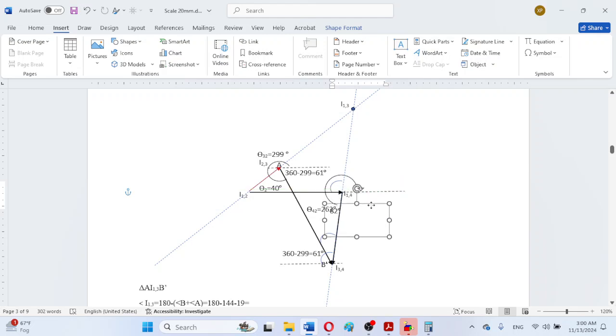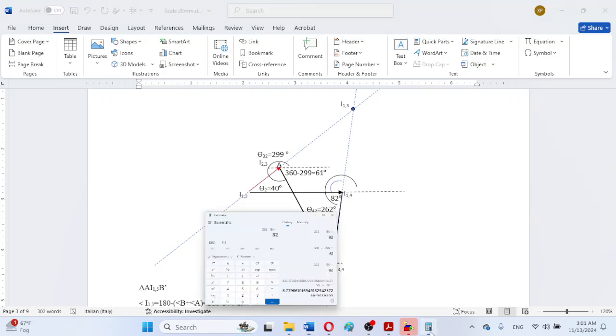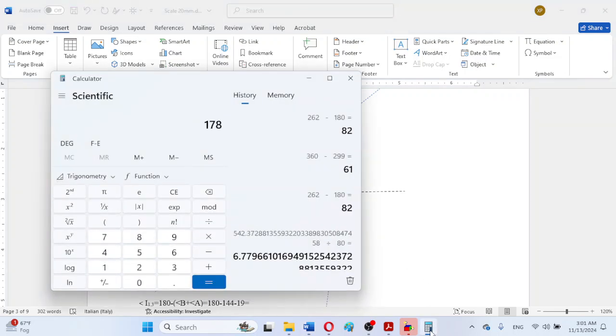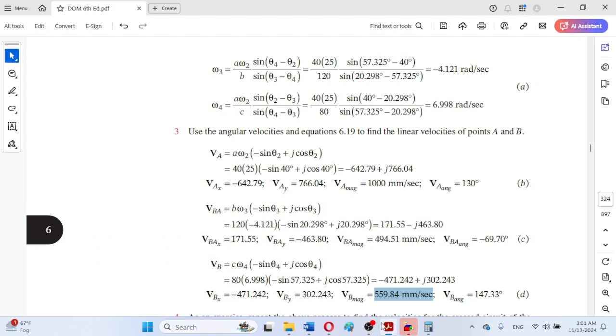That angle is actually this angle, and the above angle will be 180 minus 82 degrees. So 180 minus 82 degrees is equal to 98 degrees.